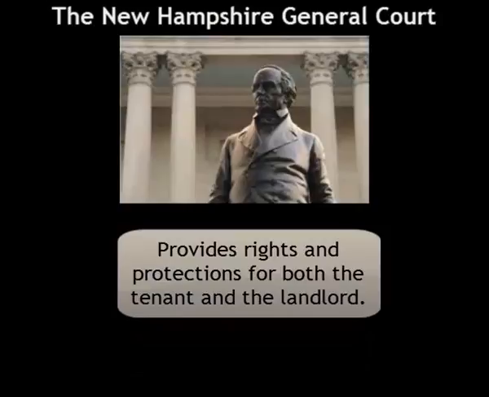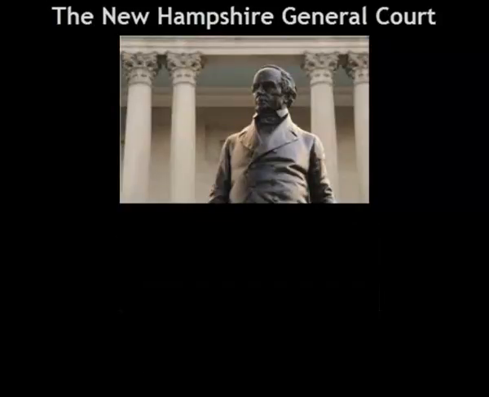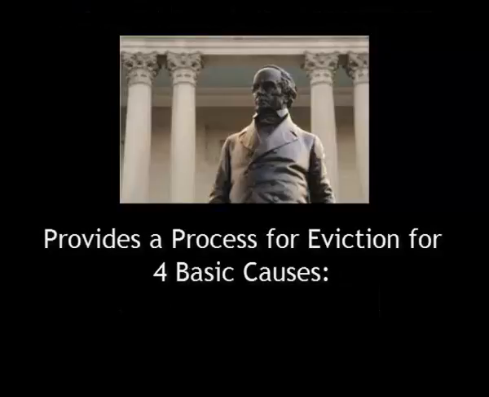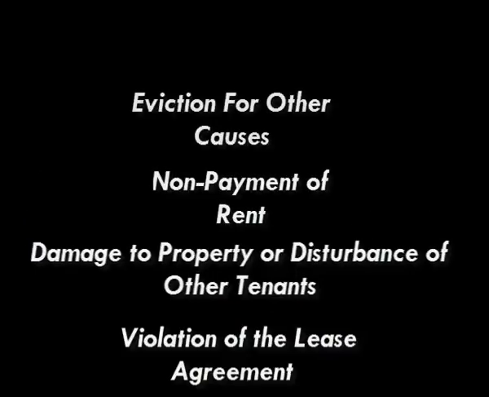The New Hampshire General Court provides rights and protections for landlords and tenants, and provides an eviction process for 4 basic causes: the violation of the lease agreement, damage to property or disturbance of other tenants, non-payment of rent, and of course eviction for other causes.